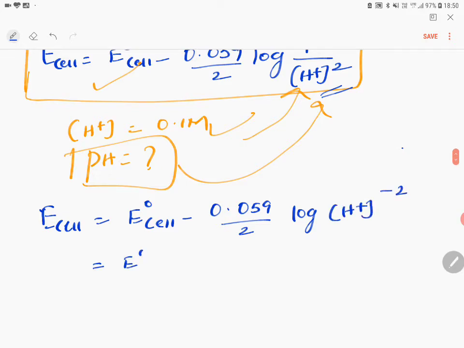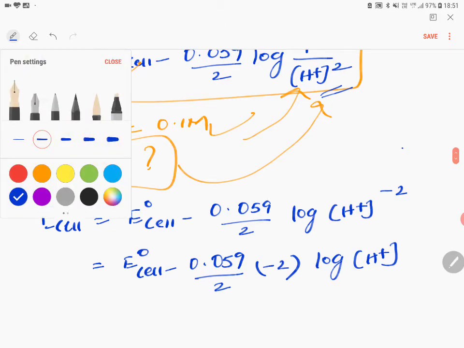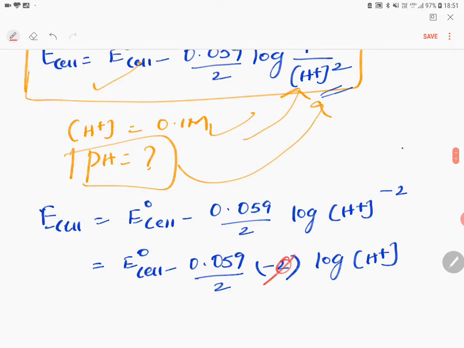That is equal to E naught cell minus 0.059 by 2 into minus 2 log concentration of H plus. Now you will keep both the minus signs as they are because there is a logic behind this. You will only cancel this 2 and this 2, right?